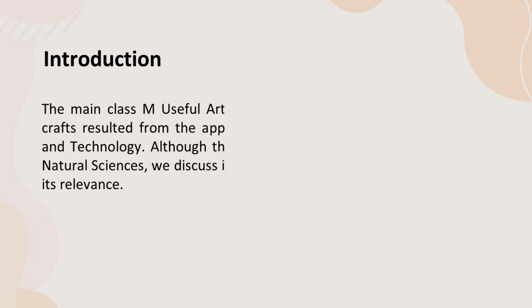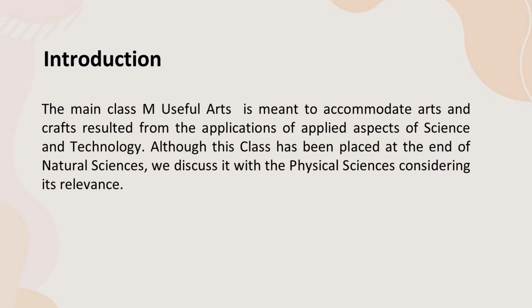The main class Useful Arts is meant to accommodate arts and crafts resulting from the application of applied aspects of science and technology. Although this main class has been placed at the end of natural sciences, we discuss it with the physical sciences considering its relevance.